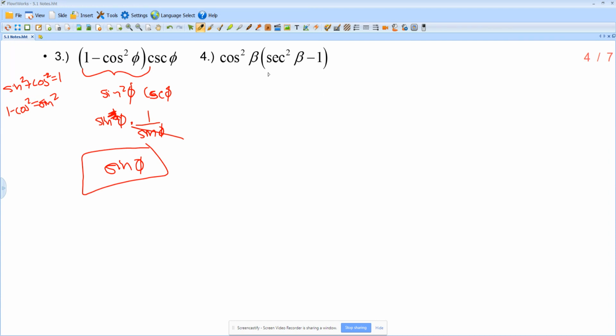Cosine squared beta times secant squared beta minus 1. So again, I see this and I'm thinking there's a Pythagorean identity here. Our Pythagorean identity says 1 plus tangent squared equals secant squared. So if I subtracted that 1, I would get tangent squared equals secant squared minus 1. So I could rewrite this as tangent squared times cosine squared.